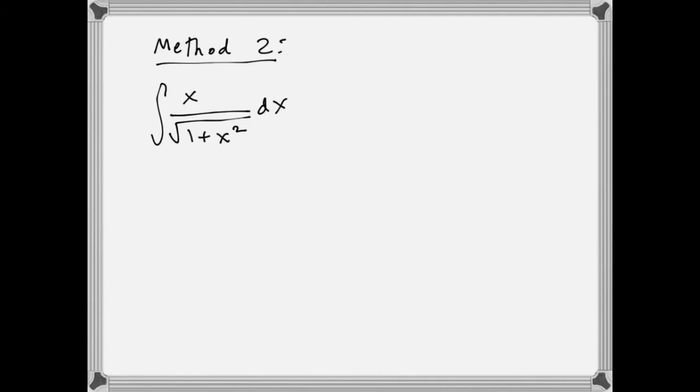Because its derivative is 2x and it appears up there, right? I have an x up there. So why not just let u equal 1 plus x squared? So let's see, du is 2x dx, or 1/2 du is equal to x dx.